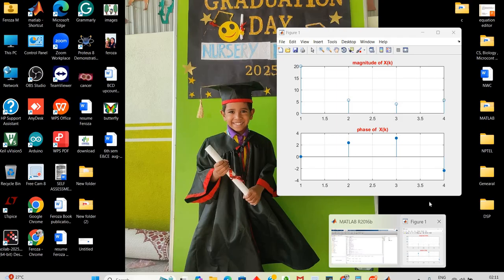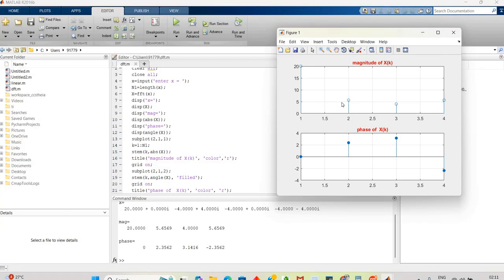So here we have the figure window. Now you can see this is the magnitude. For the magnitude title we have taken the color as red, so we are getting it in red. For the phase also we have taken the color as red, so we are getting it in red. The title is magnitude of X of k, and here phase of X of k.